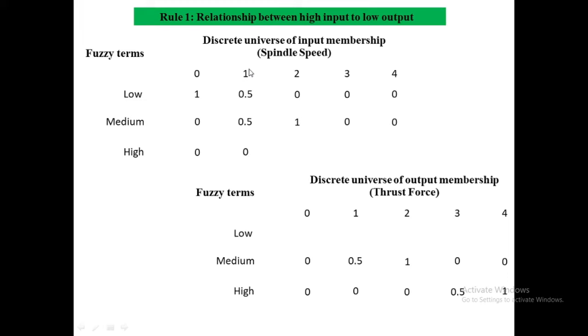Here 0, 0, 0, 0.5, 1. I can pick these values from the input discretization table. After that, what about the low output thrust force function? The low values are available here. I pick the values from the previous output table: 0, 1, 0.5, 0, 0, 0. Likewise, I assign the values.